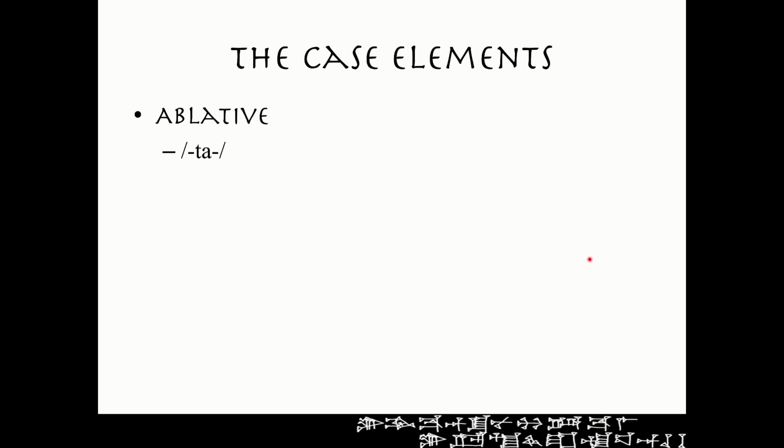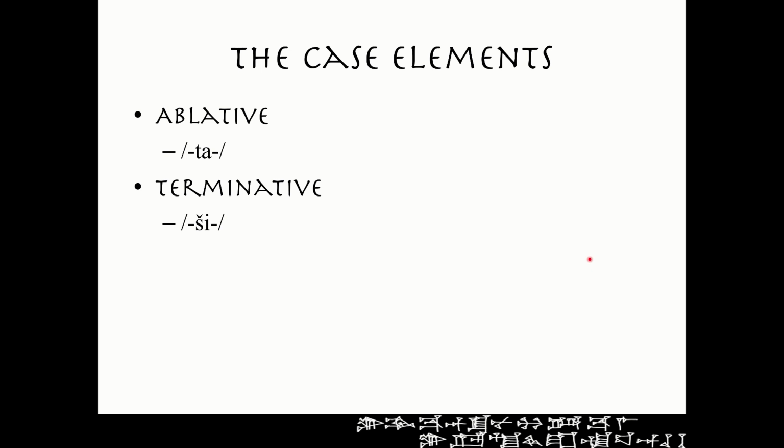The ablative. The ablative we saw in the last lesson, it takes the form ta on the noun, and it also takes the form ta in the verbal chain. No surprise there, no difficulty. The ablative means from. Lugal ta would be from the king. Uru ta, from the city.